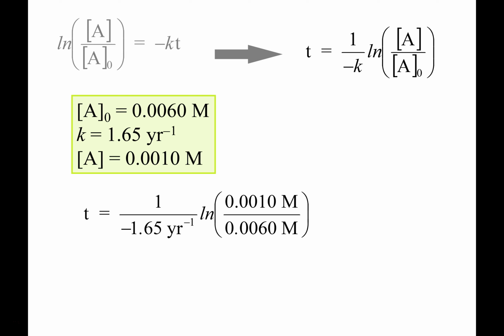The time then is equal to the inverse of negative 1.65 reciprocal years, which again, we have the reciprocal years in the denominator. That's actually years, normal years in the numerator, times the natural log of the ratio of A to A0. And A, our target concentration we're after, is 0.0010 moles per liter. Our initial molar concentration, 0.0060.